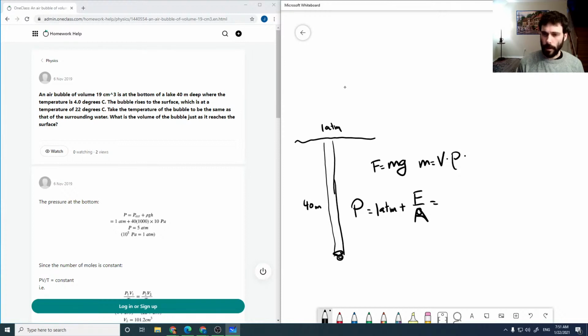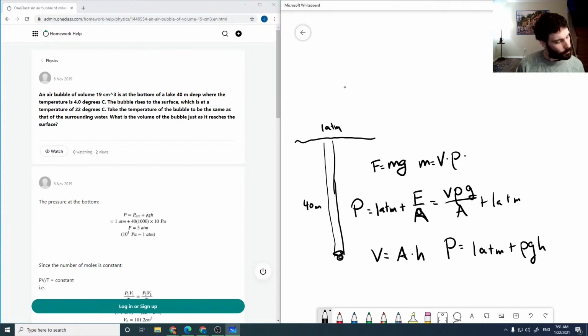So this is V times rho times g over our area. But of course, volume is area times height. So our pressure is 1 atmosphere plus rho g h.